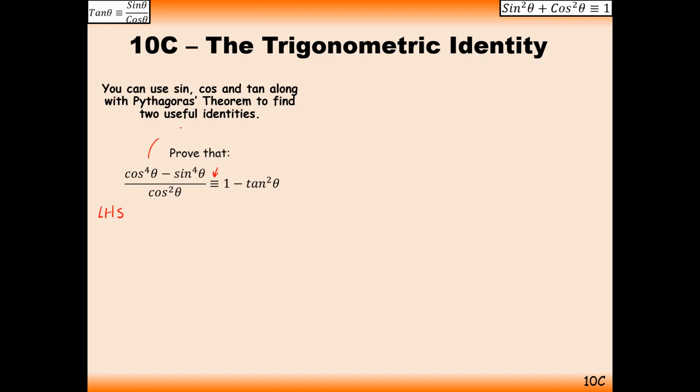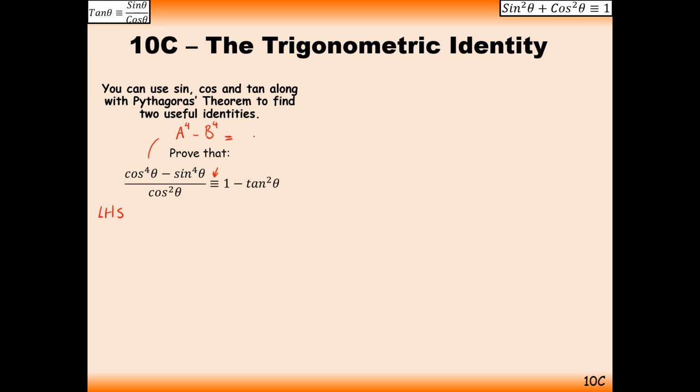Like when you have a to the power of 4 minus b to the power of 4, right? This is similar to difference of two squares. I know we don't have the squares here, but we have powers of 4.